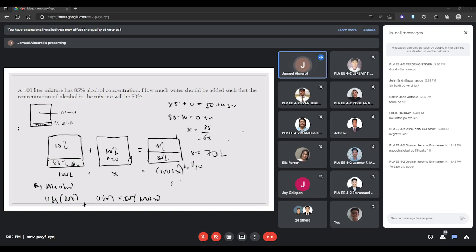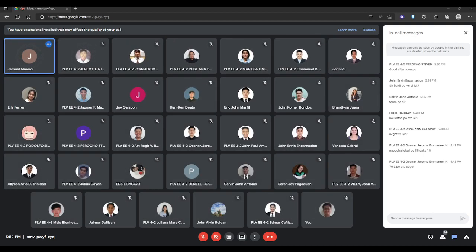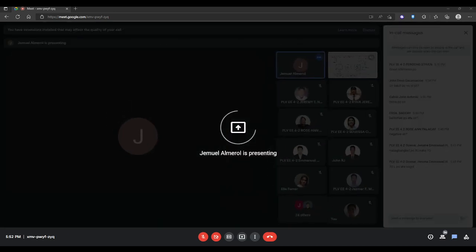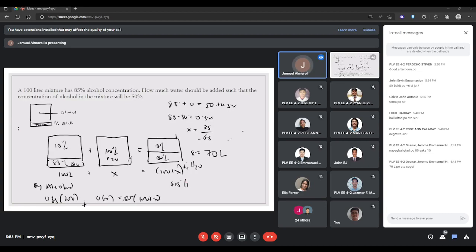So, water, 0.15 multiplied by 100, plus 1 times x equal to 0.5 times 100 plus x.